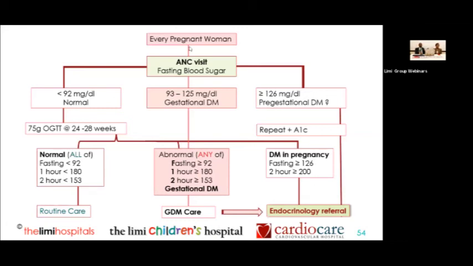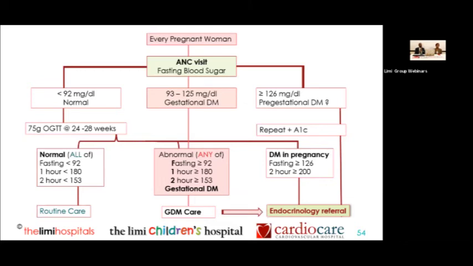We talked about whether we want to screen every pregnant woman or only those with certain risk factors. But say every pregnant woman early in the antenatal clinic visits does a fasting blood sugar, even at the first contact, and based on that you can say whether it's normal, abnormal, that's between 93 and 125 milligrams per dL, or whether it fits the criteria for overt diabetes.